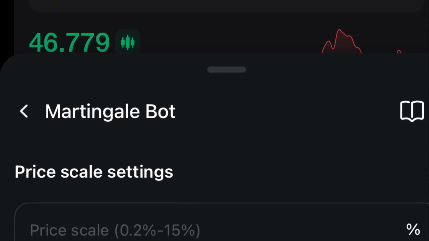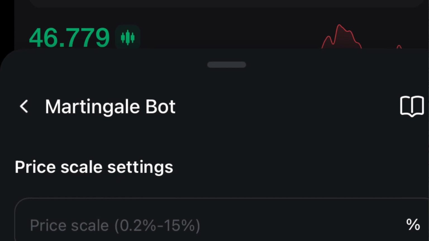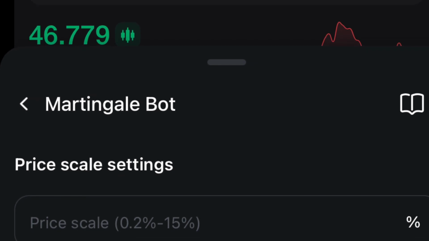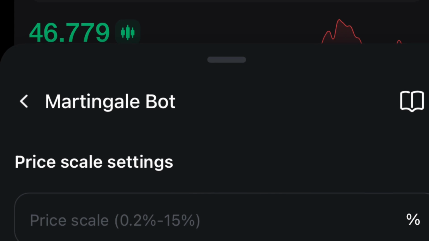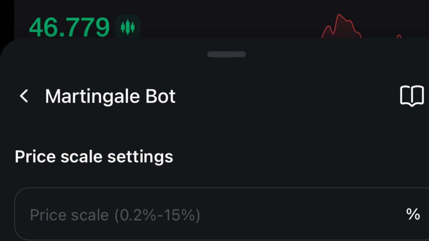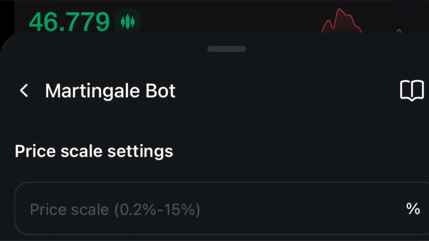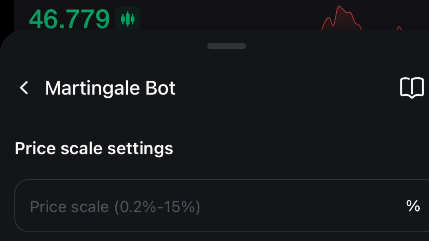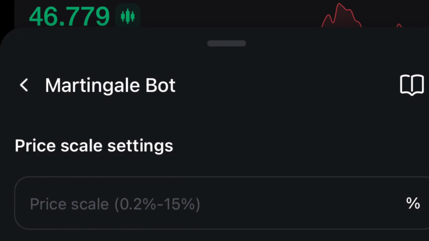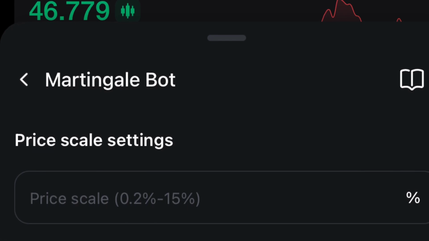So for the Martingale strategy, you can specify whether you want it to buy every 1% of a drop, every 2%, every 4%, up to 15%. Yeah, 0.2% all the way up to 15%.